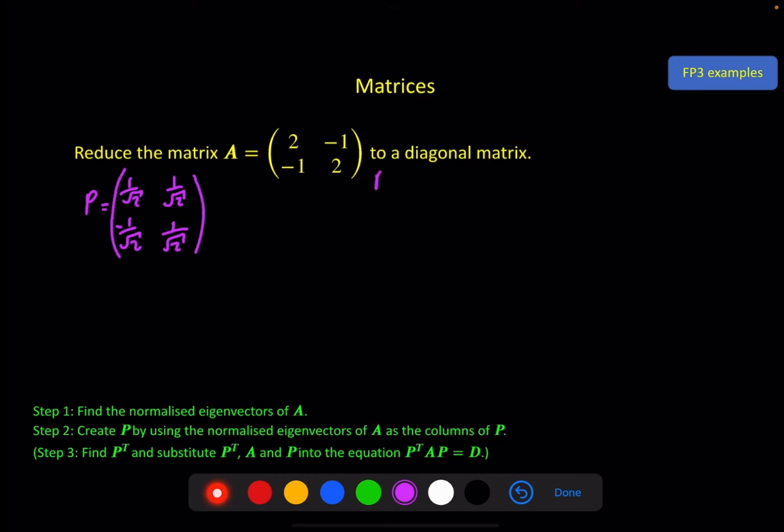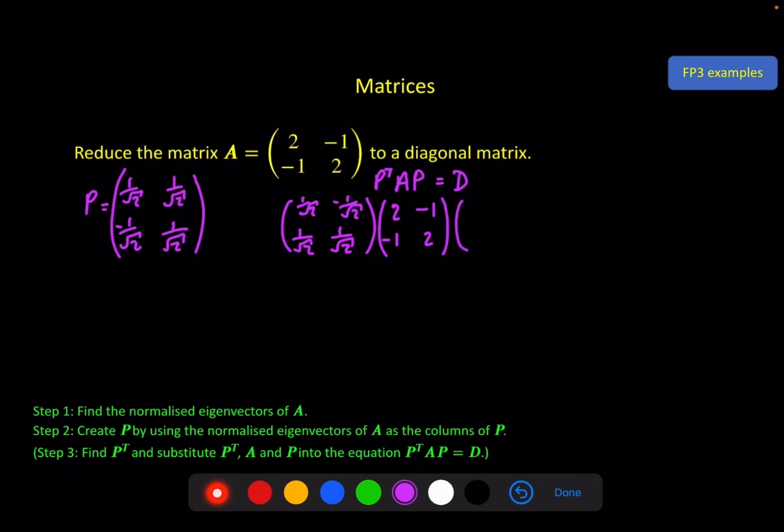So my equation, P transpose A P equals D, is going to be the transpose of this, 1 over root 2, minus 1 over root 2, 1 over root 2, 1 over root 2, times A, times P is equal to D. And of course, you must remember the order for matrix multiplication is very important.